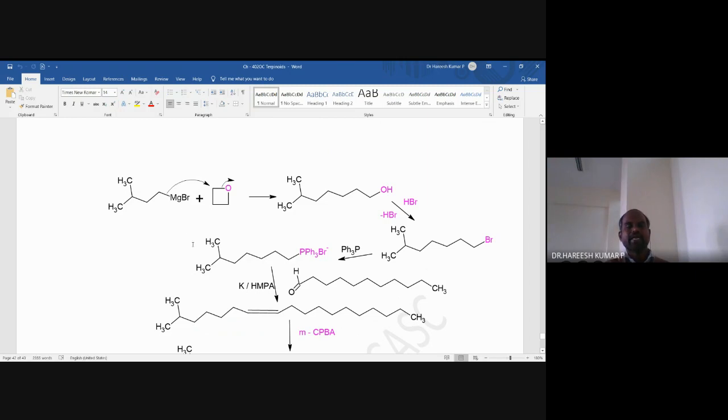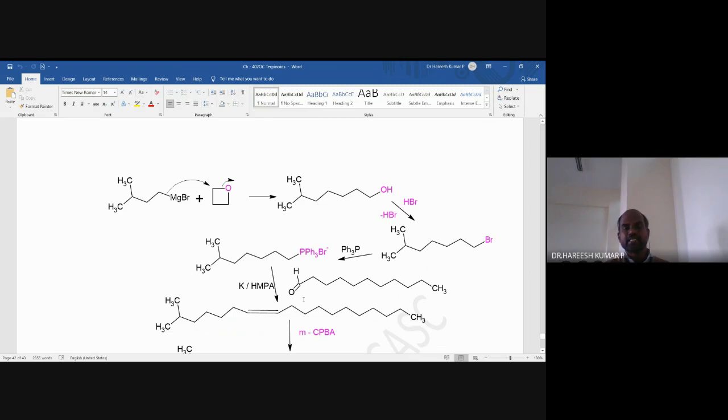Formaldehyde and ethene, when they react in the presence of light, give oxetane. This oxetane subjected to a Grignard reagent gives an alcohol. The alcohol on bromination gives a bromide. The bromide on treating with triphenyl phosphine gives a halide.